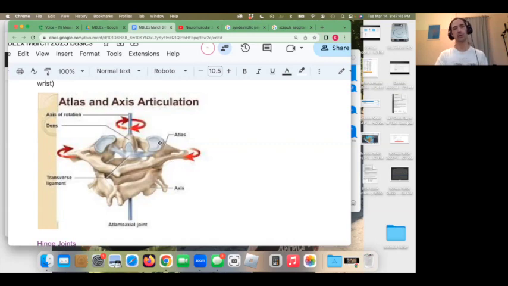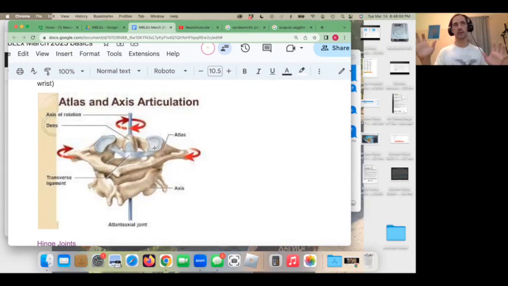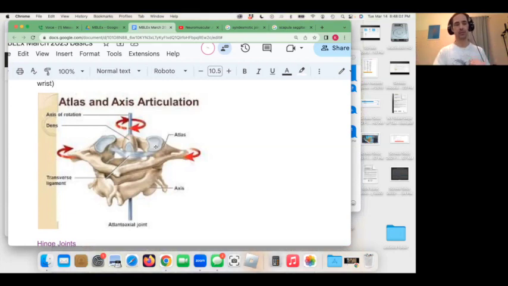The top bone, the atlas, just like the Titan who was cursed to hold up the earth, or maybe he was cursed to hold up the sky. I don't remember. Anyway, so Atlas is the top bone, C1, which holds up the skull, and then the axis, C2, below it provides an axis.